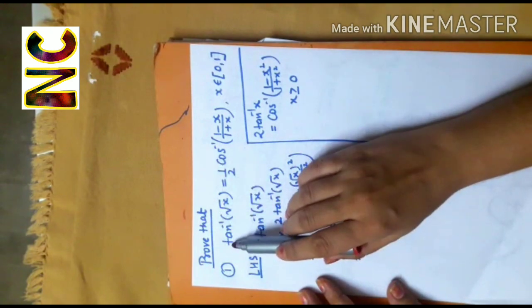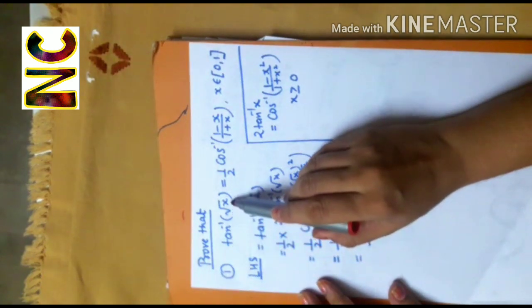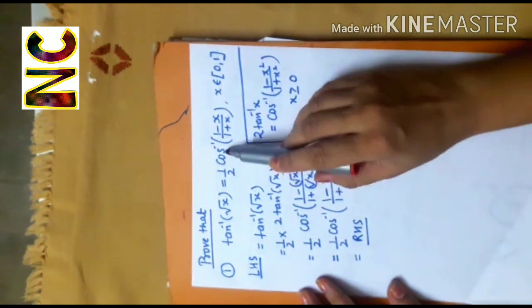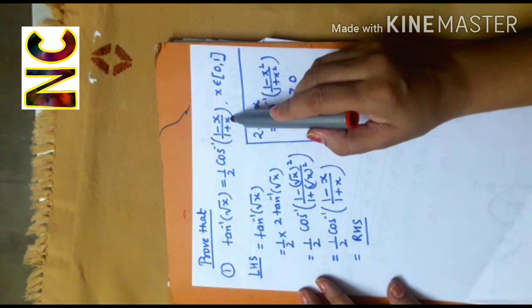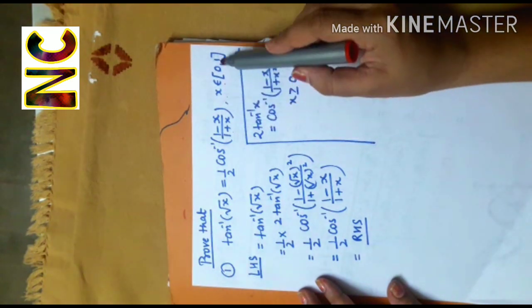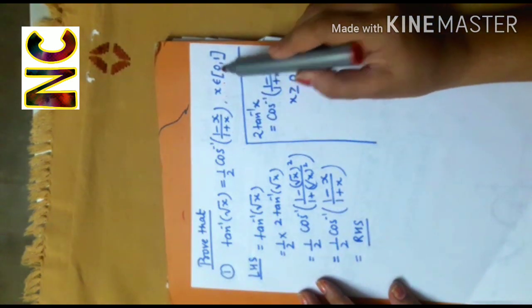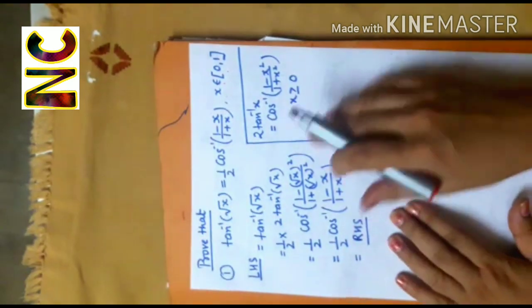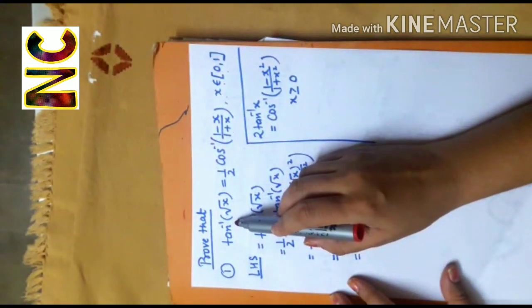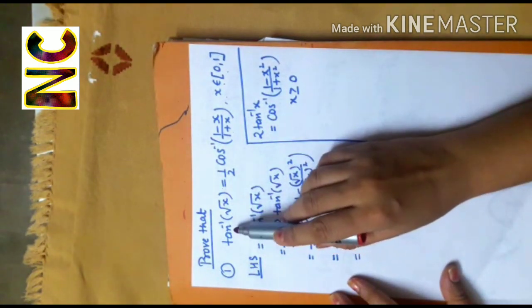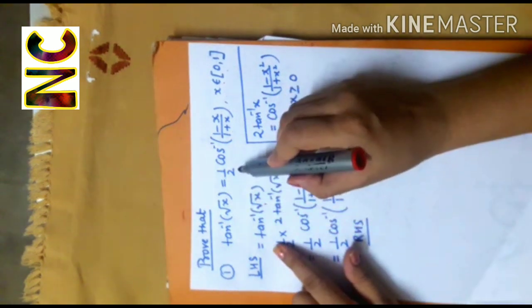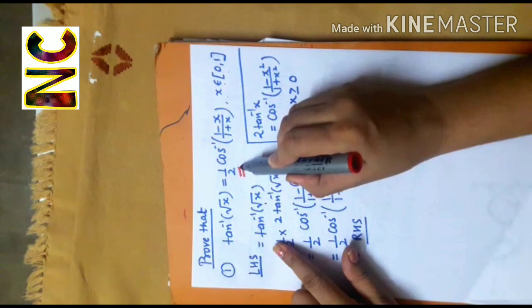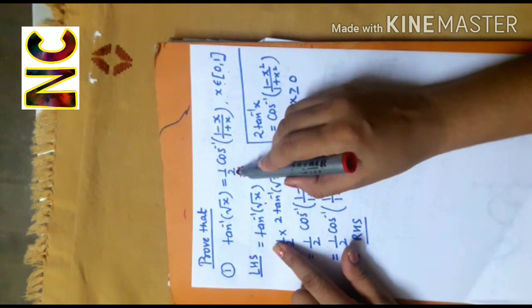Prove that tan⁻¹(√x) is equal to half cos⁻¹((1 − x)/(1 + x)), where x belongs to the closed interval 0 to 1. Now take up the left hand side. It's tan⁻¹(√x). Now look here, in the right hand side I need the factor 1/2.